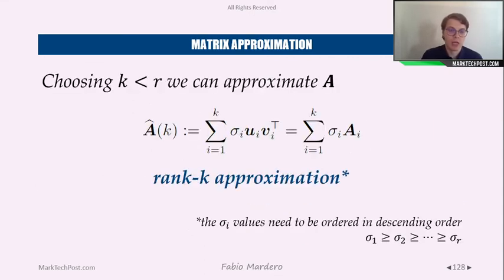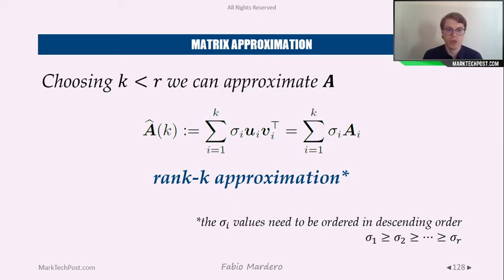Choosing a scalar k which is less than r, we can approximate the A matrix with this A_k matrix, which is called rank k approximation.